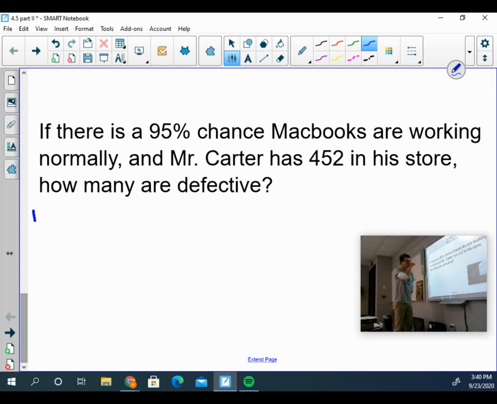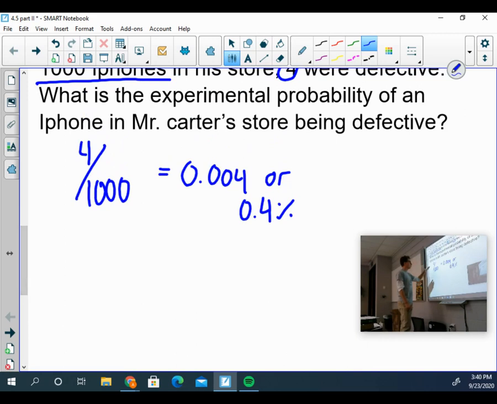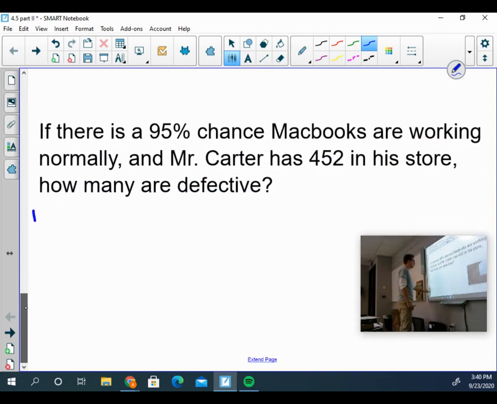Okay, so hopefully you've given it an attempt. What you saw in the last problem that we did is what? We did the number of favorable outcomes divided by all the potential outcomes, and what that gave us was the percent likelihood that something was defective. Now we got a little bit of different info here.